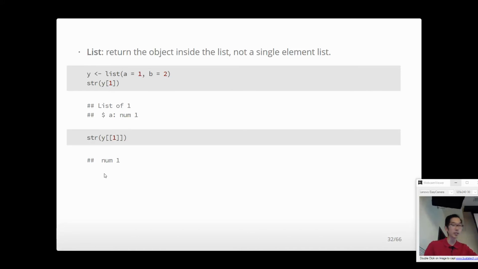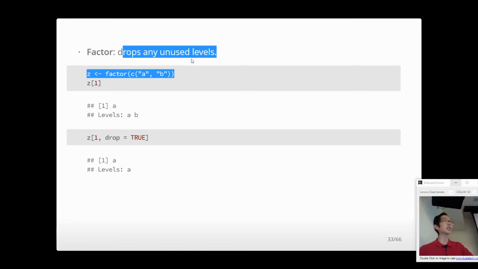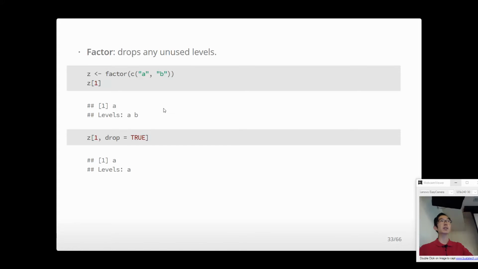With a list, again, single bracket will give you a list back, double bracket will give you just the object inside the list. With factors, if you put in drop equals true, it gets rid of any unused levels. Otherwise, it will retain all the levels in the original factor, even if they don't show up in the new factor.